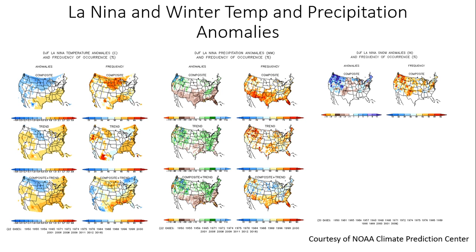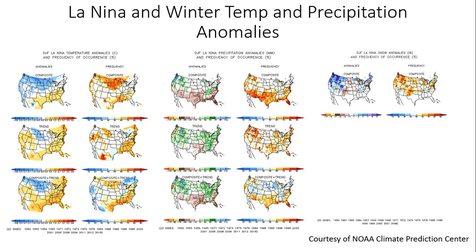The row in the center shows December, January, February La Nina precipitation anomalies in millimeters and the frequency of occurrence. Brown shading indicates below normal precipitation, green and blue shading above normal precipitation. And generally you have warmer and drier conditions along the southern U.S. from California to Florida, and even extending drier than normal up into the mid-Atlantic states.